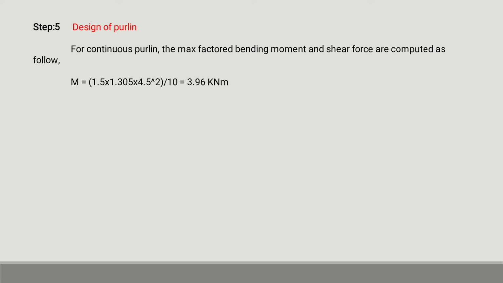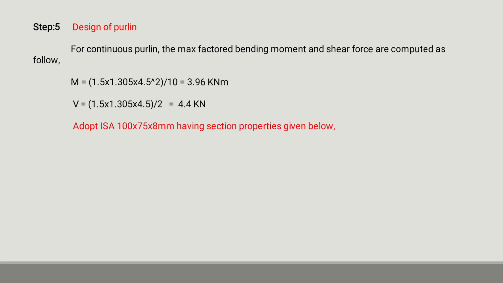So WL square divided by 10 is the moment formula for wind load. Shear force V is equal to 1.5 into 1.305 into 4.5 divided by 2, because this is WL by 2. Here 1.5 is the load factor, so we multiply by it.